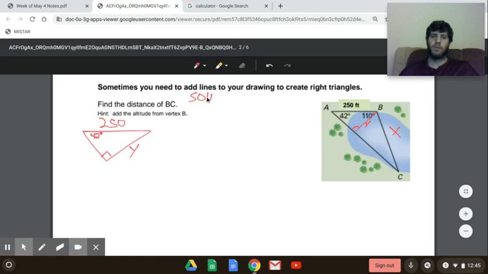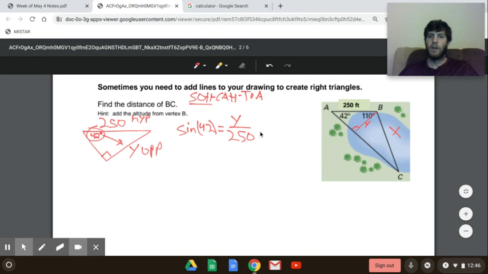We're solving for a side, so it's going to be regular trig. Across from the right angle is the hypotenuse, so that's going to be 250. Across from the 42 is Y, so that's opposite. So we're going to use opposite over hypotenuse, that's sine, so the sine of 42 degrees is going to equal opposite, which is Y, over hypotenuse, which is 250.